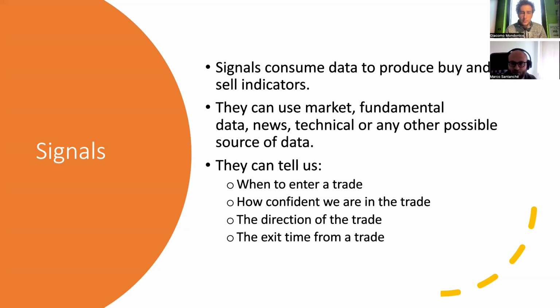Of course, in some cases we could have long-short signals. Other cases might include only long signals, or anything else, depending on the strategy and setup. And then the exit time from a trade. The signal could also just tell us to exit a trade without telling us to buy or sell.